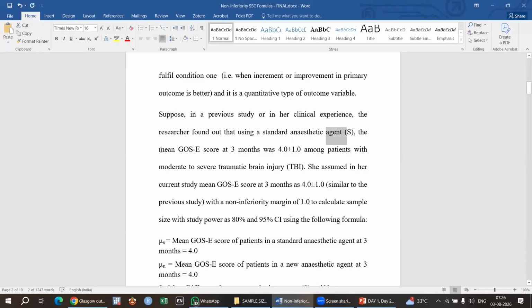the mean GOS at 3 months was 4.0 plus minus 1.0 among patients with this.